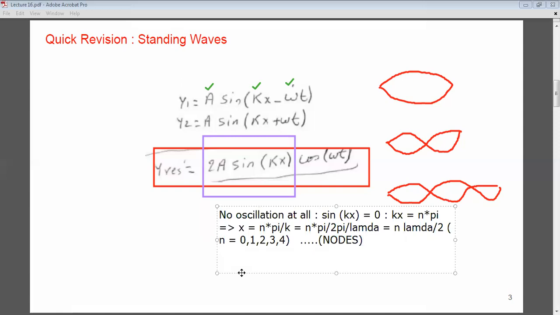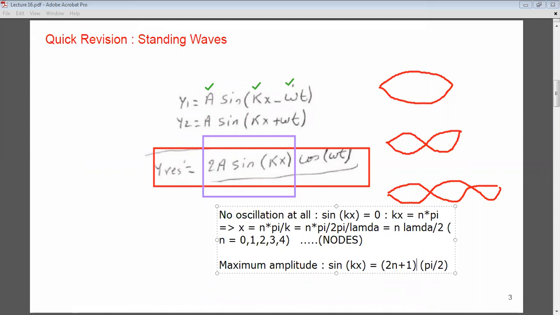Then there are the points that oscillate with maximum displacement, so maximum amplitude. This happens when sine kx is equal to plus or minus 1, that is kx equal to n pi over 2. Or another way to say it, it's when kx is equal to an odd multiple of pi over 2, because we want to guarantee that we have odd numbers like 1, 3, 5, 7.